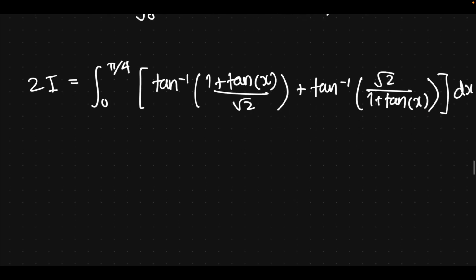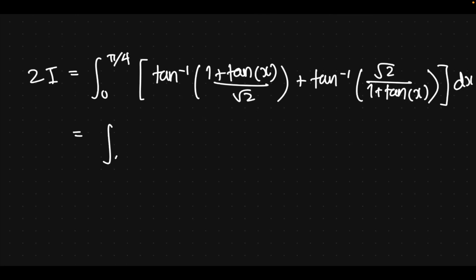dx. They're reciprocals of each other, and we have the nice property that when you add inverse tan functions of reciprocal arguments, you just get pi over 2, as long as the argument is greater than 0. From 0 to pi over 4, 1 plus tan of x is greater than 0.